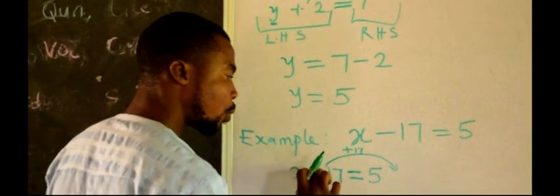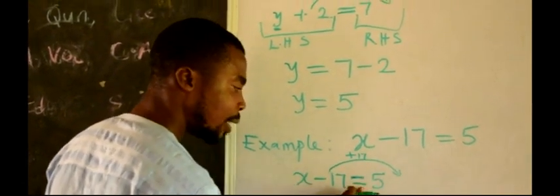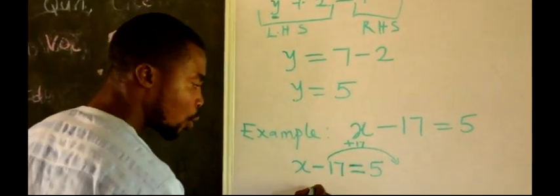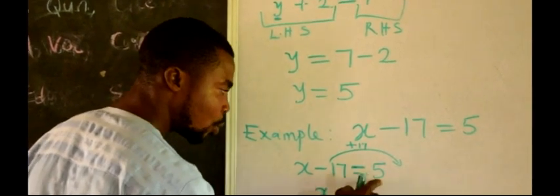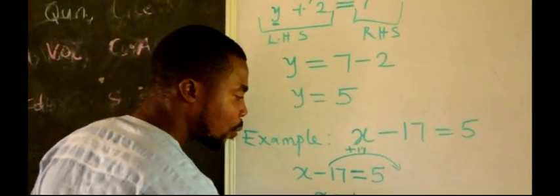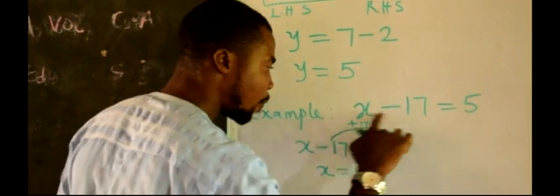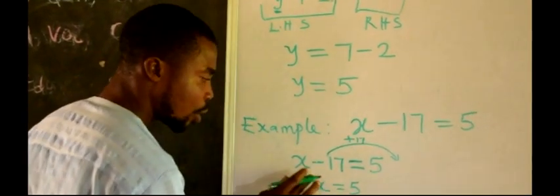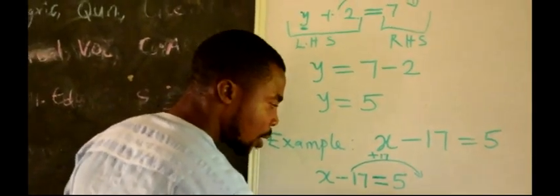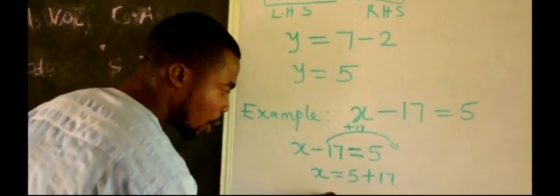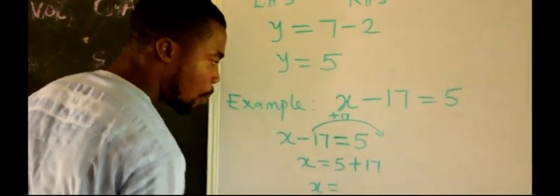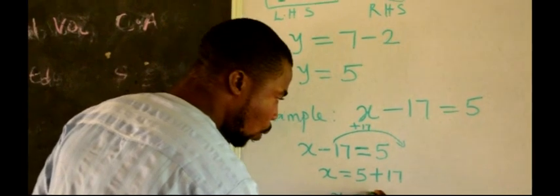So x is equal to 5 first, and this one has transferred to this place, which is plus 17. So x, if we add it up, is 22.